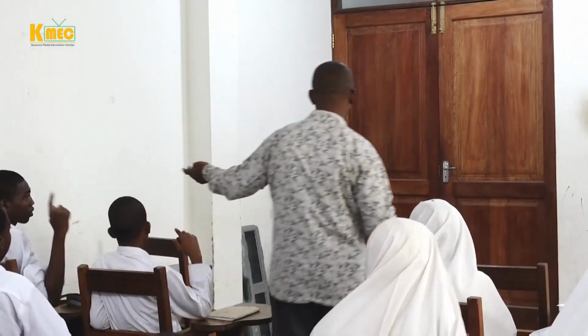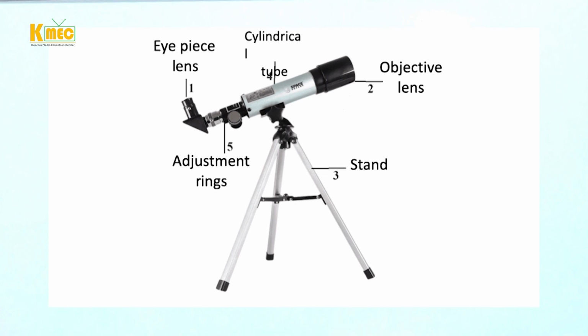Hussein, please. The name of that instrument is called a telescope. Now all of you? Telescope. Right. Thank you. Clap for yourself.